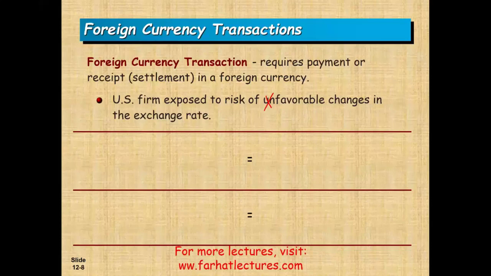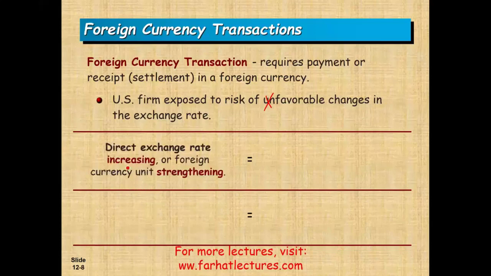Now, how does it work? If the direct exchange increases, what does that mean? It means the foreign currency strengthened. Let's assume $1.30 to buy a euro. This was the spot rate.